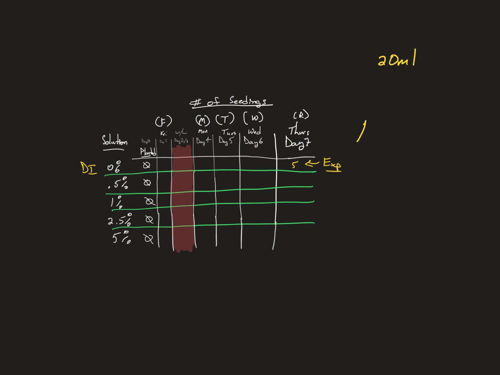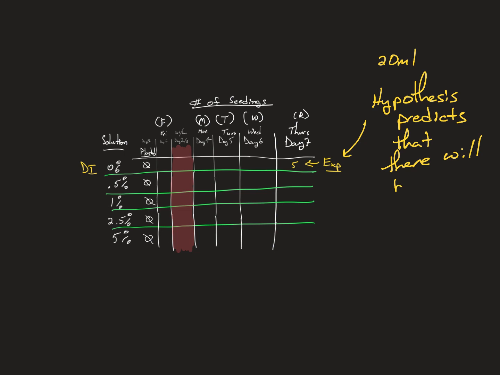So that's expected. Our hypothesis predicts that there will be 5 seedlings here on day 7. Okay? That's what we need to do.